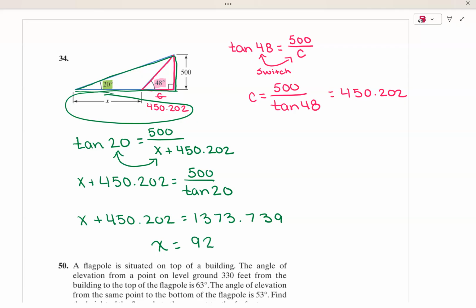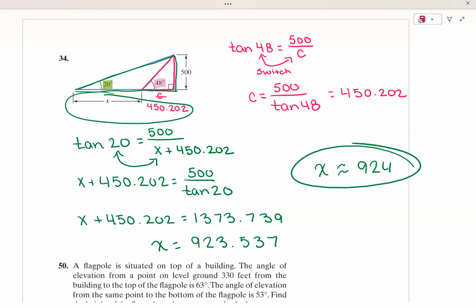So that gives us 923.537. So we could say that x would be, to the nearest unit, 924 for that one.